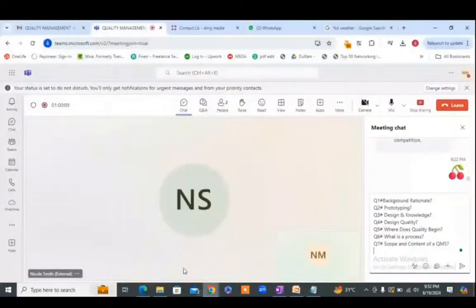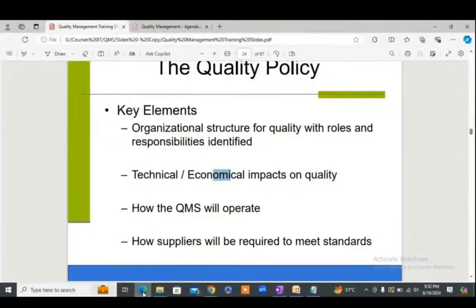The background rationale in a QMS explains the reasons and context for implementing quality management practices within an organization. It outlines the need for a structured approach to managing quality, driven by factors such as regulatory requirements, customer expectations, market competitiveness, and the desire for continuous improvement.